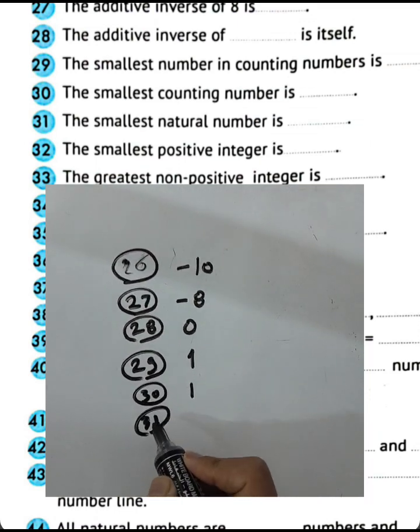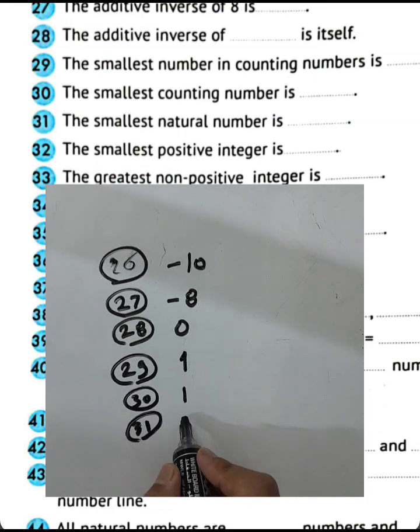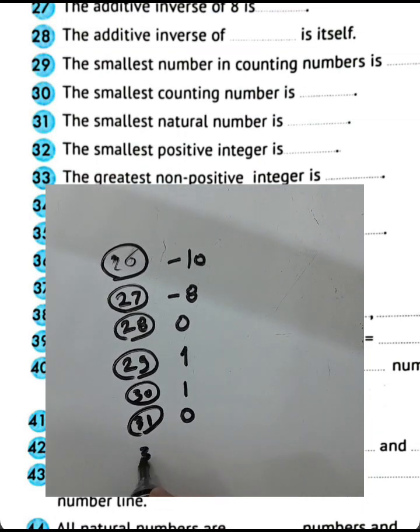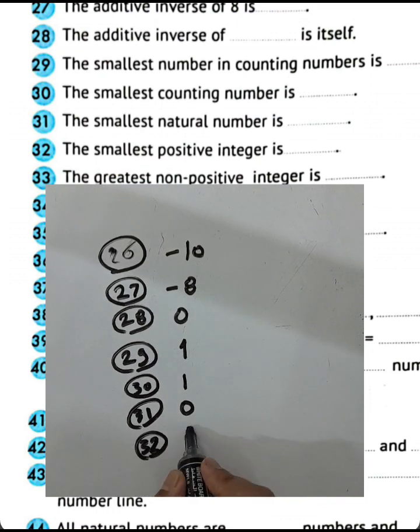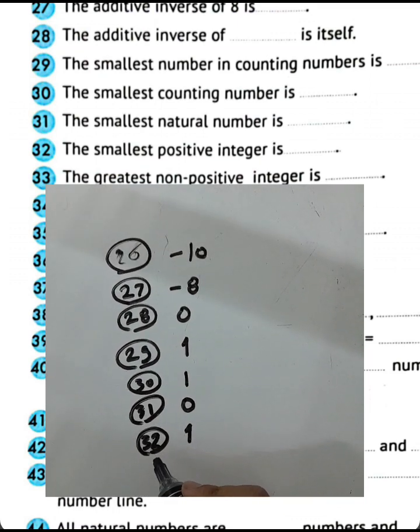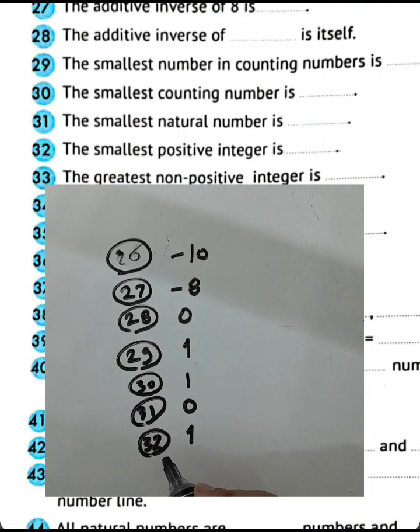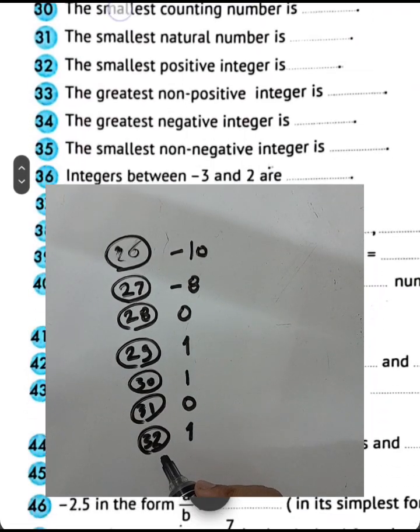Question 31. The smallest natural number is 0. Question 32. The smallest positive integer is 1. Understood? Question 33.